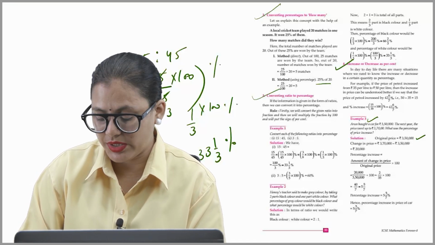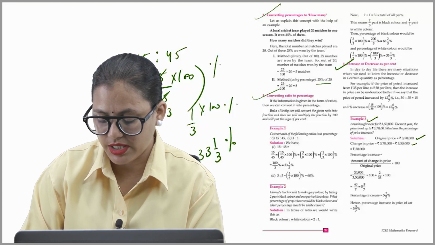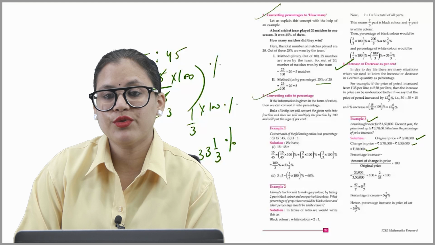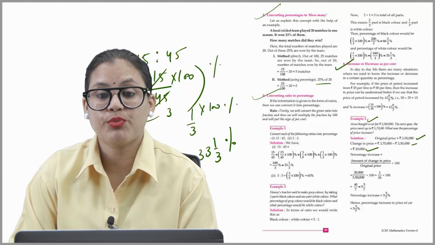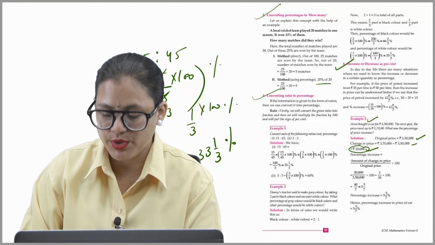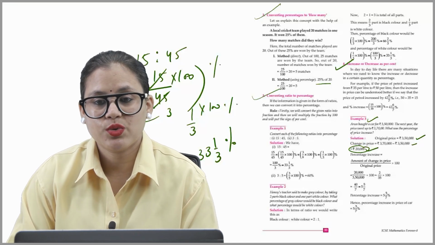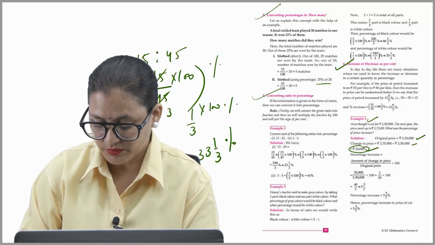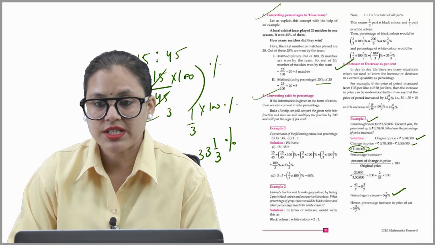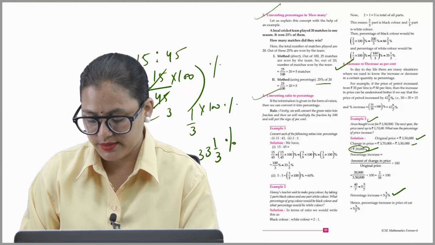So the change in price is 3,70,000 minus 3,50,000, that is 20,000. So percentage increase is equal to the amount of change in price upon original price, that is 20,000 upon original price into 100. So we'll get percentage increase 5 by 7%. So this is the percentage increase in the price of the car.